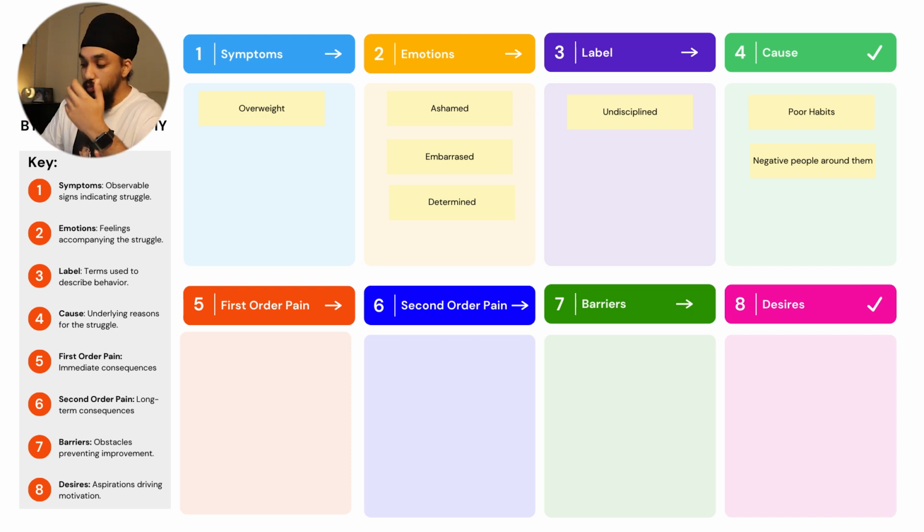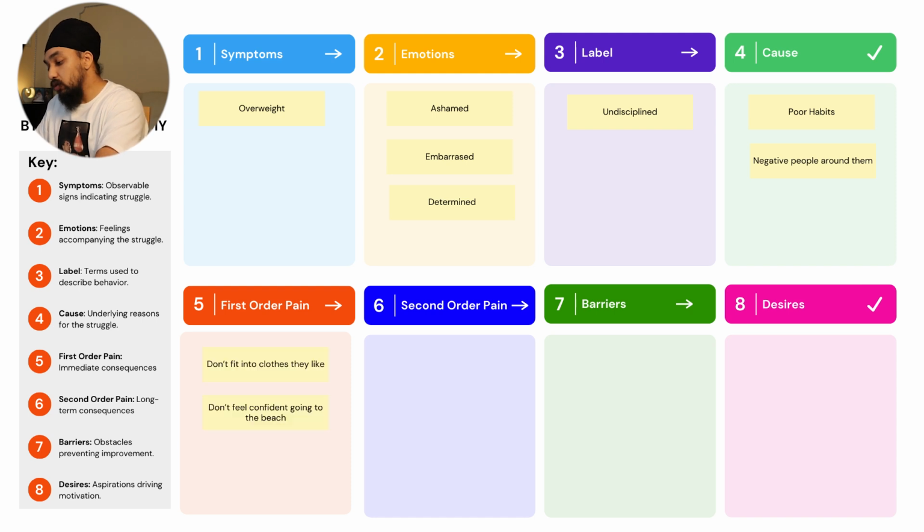Okay, so for example, weight loss is really easy because a first order pain is that they might not feel good about going out, right? Or they might not fit into the clothes that they like. Okay, so don't fit into clothes they like, right? Or maybe another one is, don't feel confident going to the beach, right?